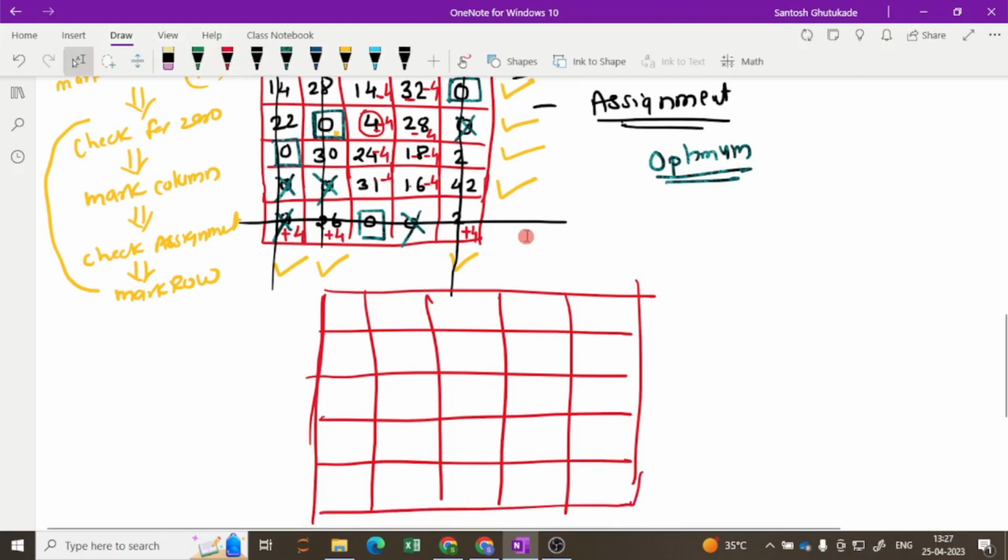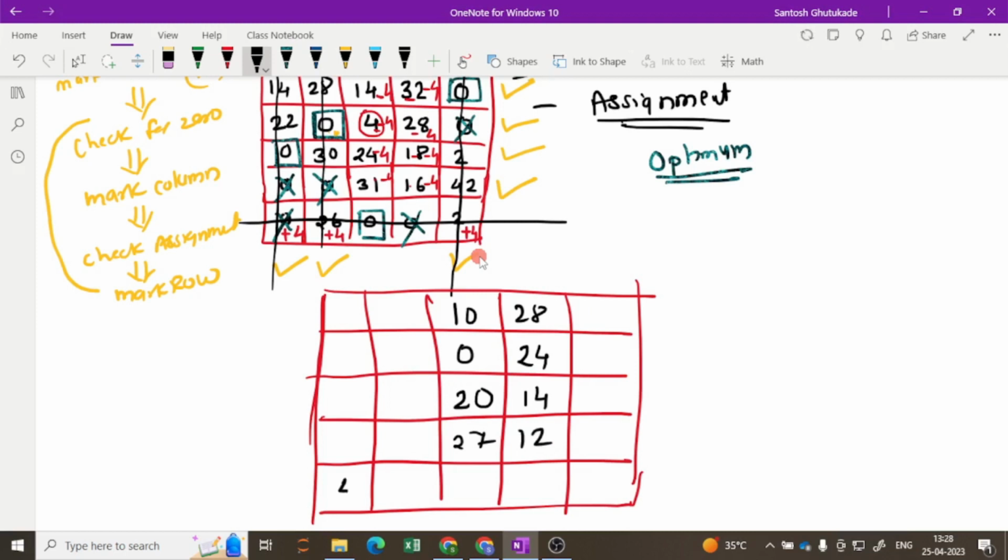I will write the values here. First I will write the uncovered cells. Here 14 minus 4 in the third column will be 10. 32 minus 4 will be 28. 4 minus 4 is 0, 28 minus 4 is 24. Then 24 minus 4 is 20, 18 minus 4 is 14, 31 minus 4 is 27, and 16 minus 4 is 12, and then the junction values.